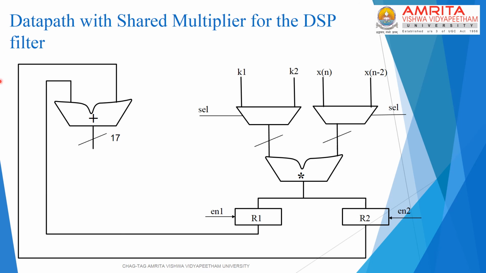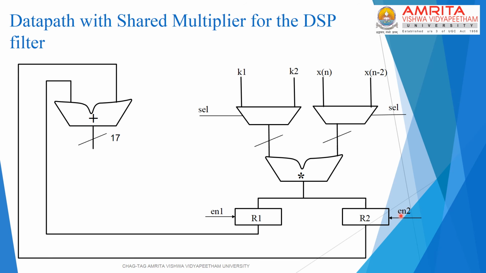So there has to be some storage for the results of the multiplication so that they can be read by the adder during the third cycle. And for loading these registers at the right clock edges, there are two enable signals that are provided, which are also under the control of the control path.